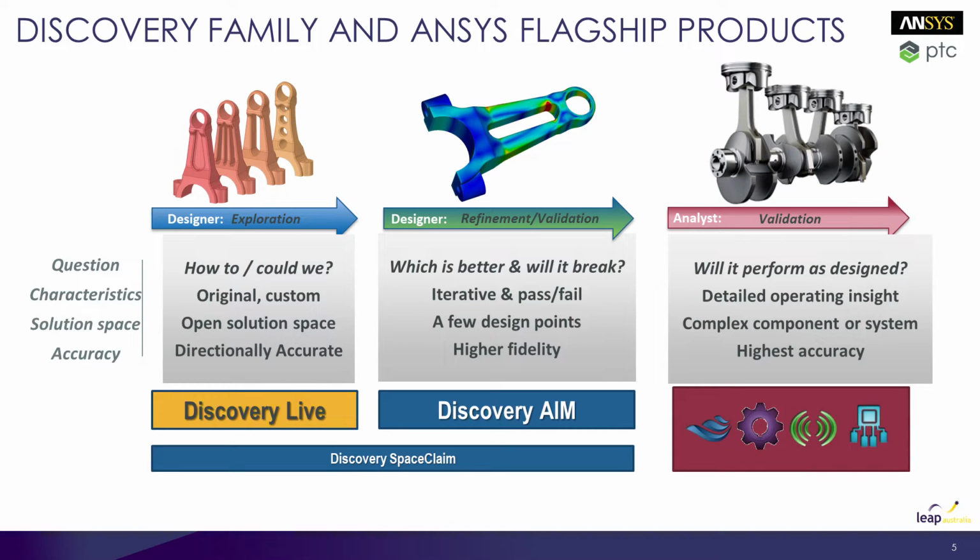So one of the products here, well, we would start in this case by looking at these connecting rods in Discovery Live, come up with some solutions. That could be moved across into Discovery AIM, check it out, maybe make a tweak or two there, and then you pass that across to the analyst who is going to want to use the premium product on that, and then perhaps build it into an entire model.